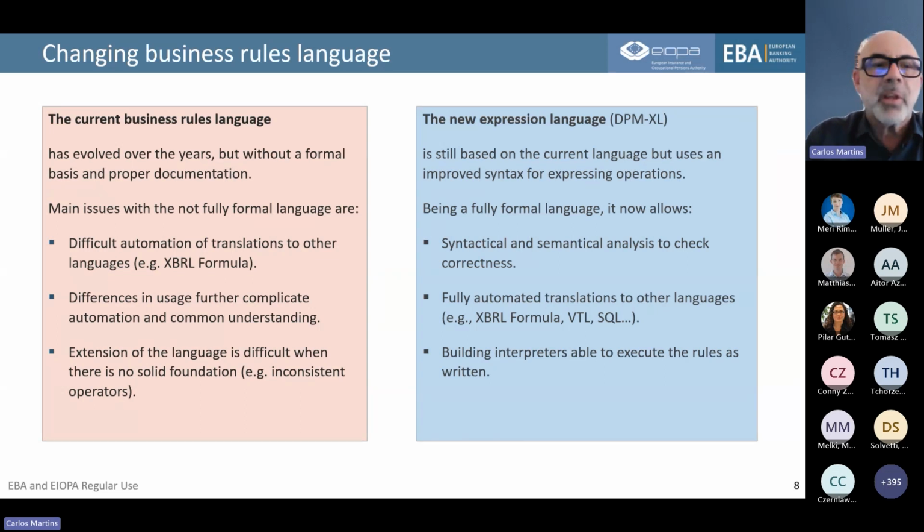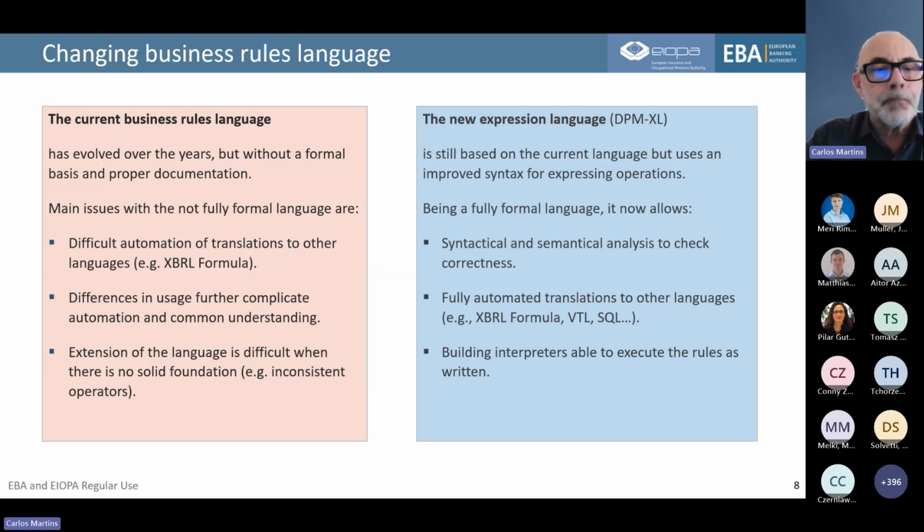Doesn't have proper documentation. So there are a number of issues that derive from there. On one hand, it's difficult to automate translations to other languages. So for instance, you need to translate these validation rules to XBRL formula. It's not a very clean process. It needs to be adapted every now and then when some new rules appear.